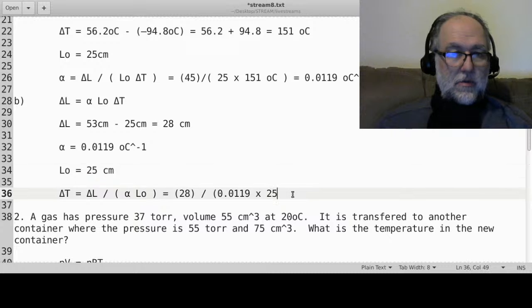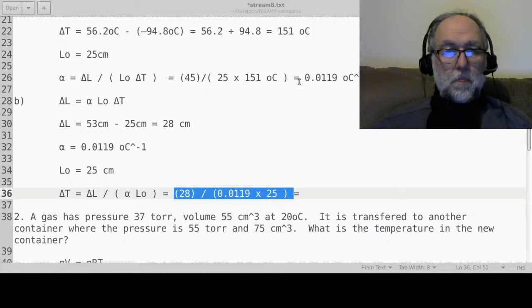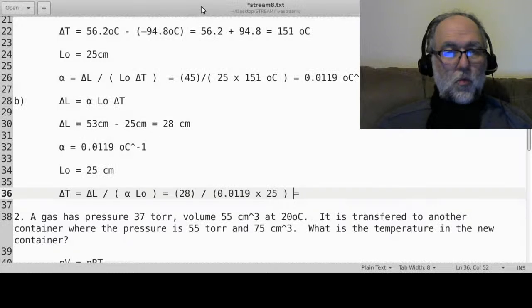And what's this equal to? All right, give me a second. Turns out to be 94.1. That is not yet the answer. That is a step along the way to the answer.